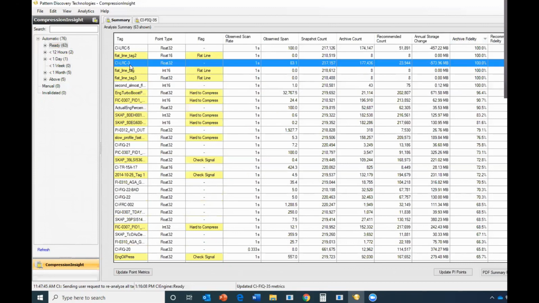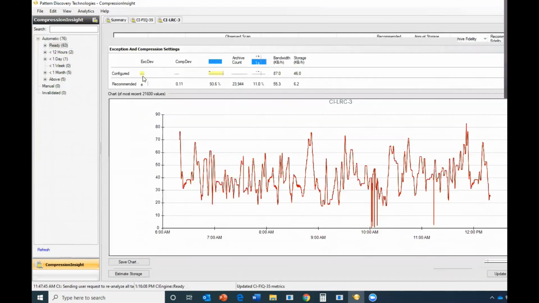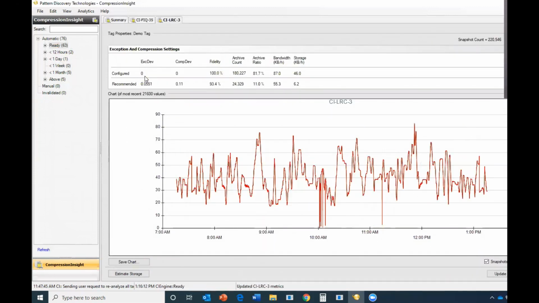I'm going to go into this particular tag. You can see that the original archive settings were 0 exception and 0 compression deviation. So that translates into 100% data fidelity. We're storing about 180,000 of these 220,000 points.